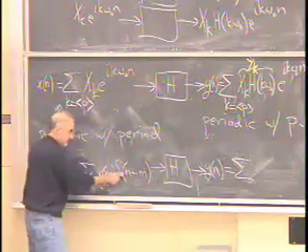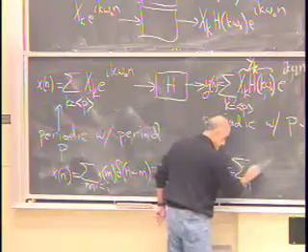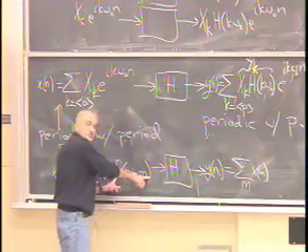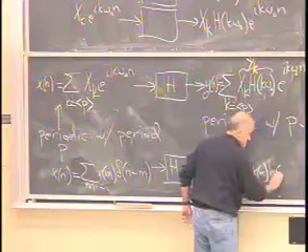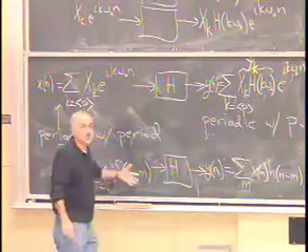So this is a linear combination of these shifted impulses. And at the output, you got the same linear combination of the response of the system to each of these impulses, h of n minus m. So this was one way that we looked at LTI systems.